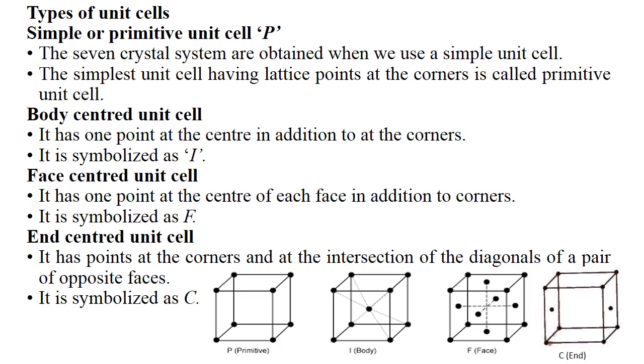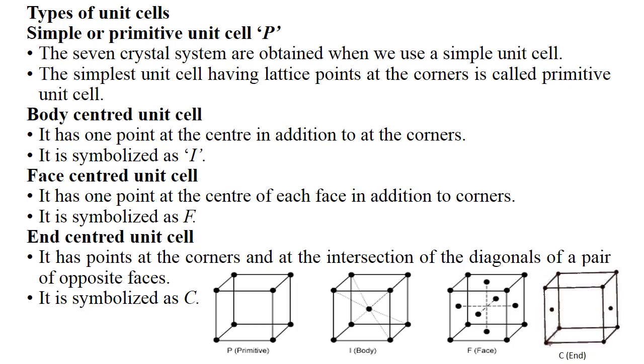The third one from the left side is the face-centered cube, and in it you can see the 8 corner lattice points, and in addition to these 8 lattice points there are 6 face points, because each unit cell has 6 sides: right, left, front, back, top and bottom.